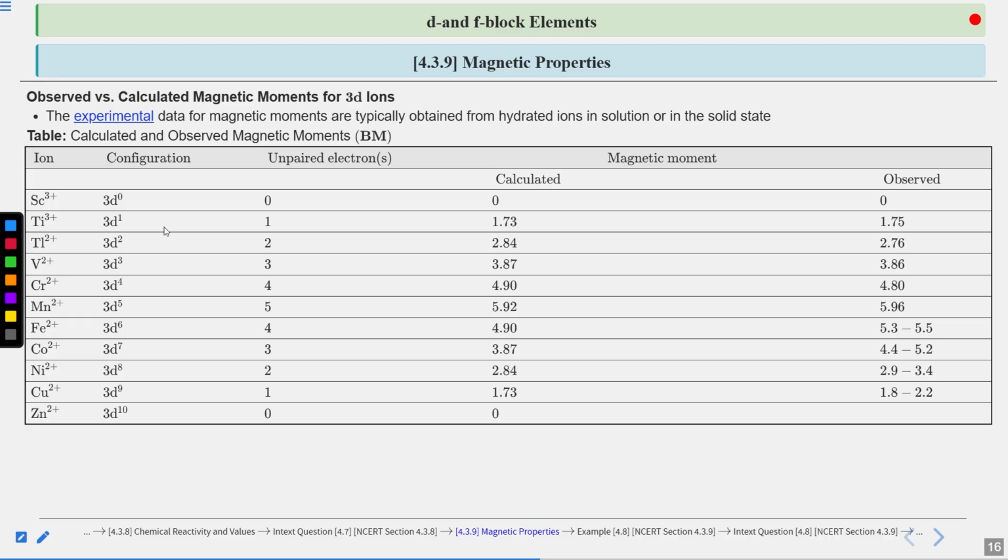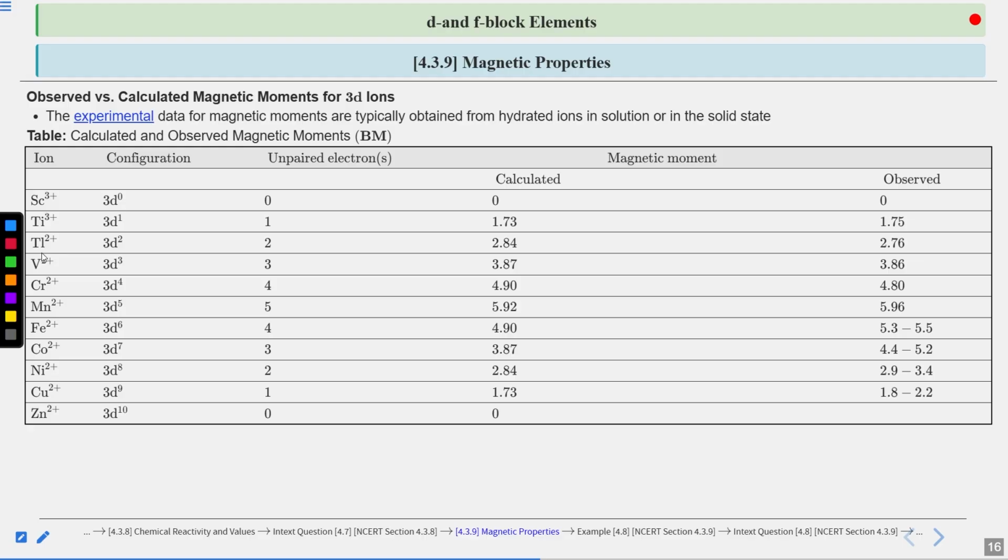That means one unpaired electron is present in it. So for one unpaired electron, calculated will be 1.73, as we mentioned in the key value. The observed is a little more, 1.75.